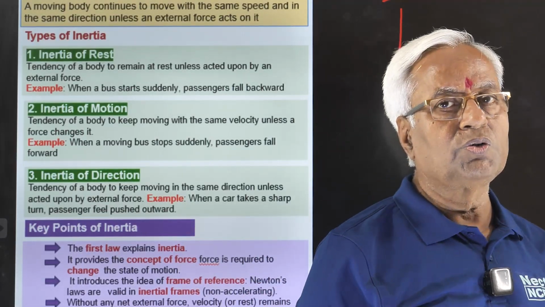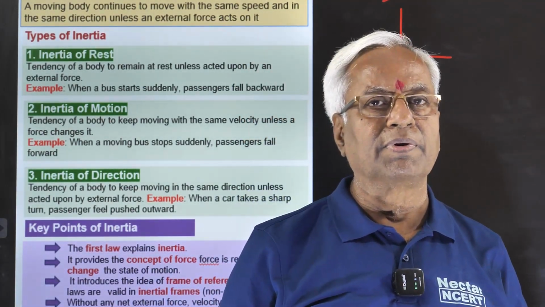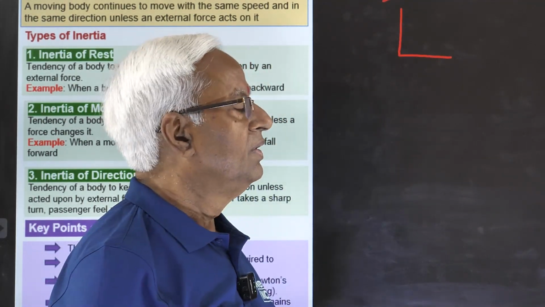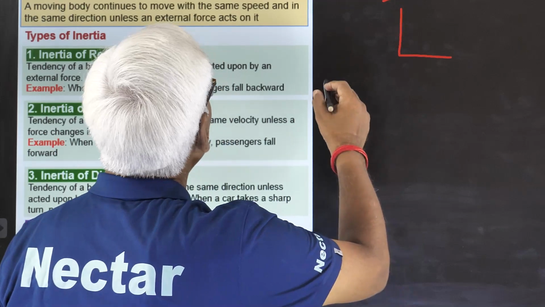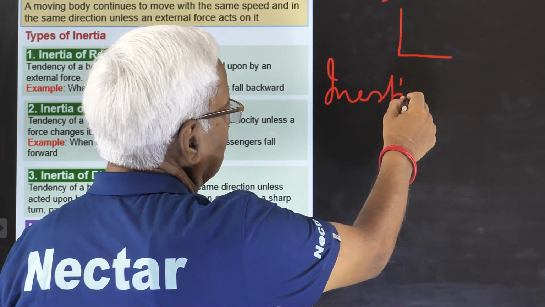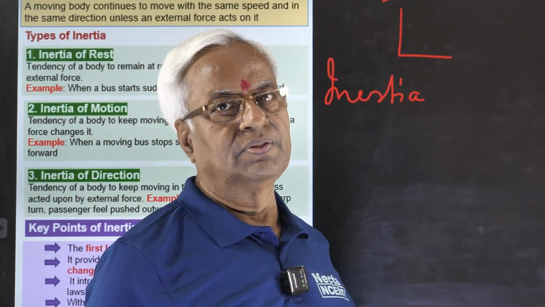The laws that we are going to study will be applicable for a given set of frames of reference. Now we should know what inertia is. Derived from the term inert, that means inactive.